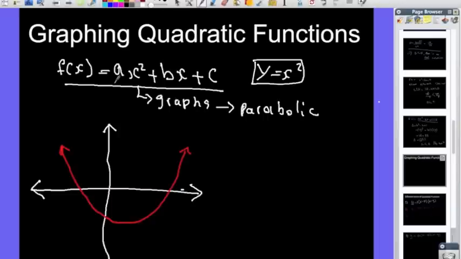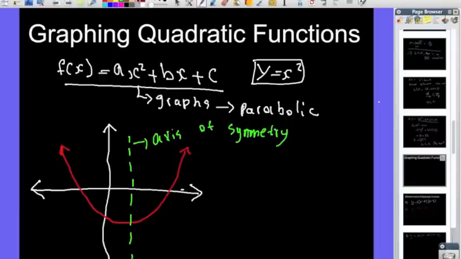In this case we have an axis of symmetry, which is the line that goes through the vertex point. Okay, this is the axis of symmetry. And the vertex point is right here.